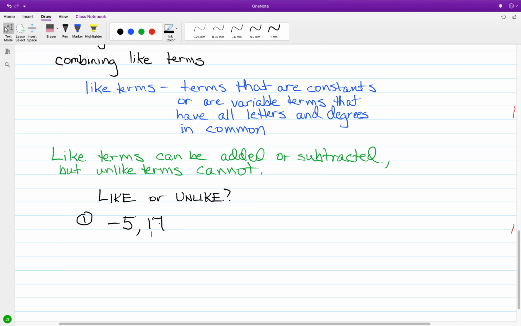Now we have a negative value and a positive value, and one might be inclined to say that these are unlike terms. However, -5 and 17 can be combined by methods of addition and subtraction, and because of that, since both of these are constants, these are going to be like terms.